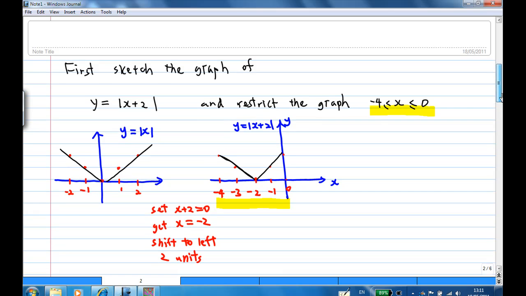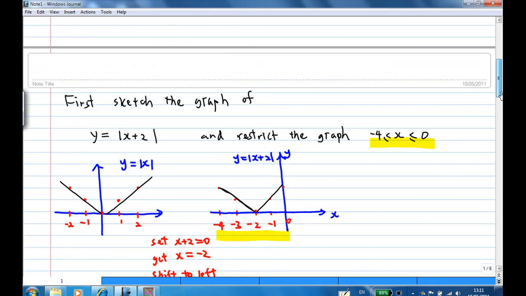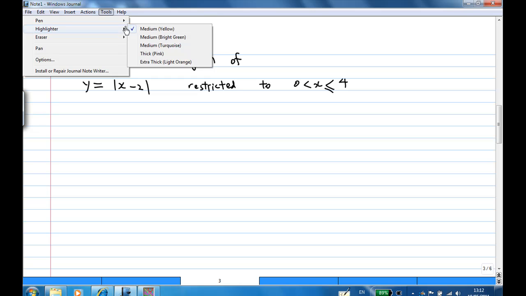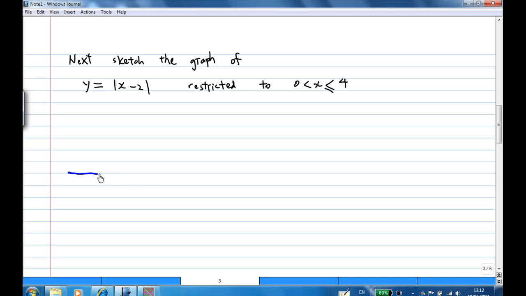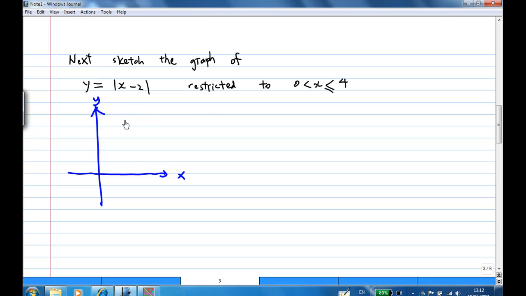How about the second piece? The second piece is y equal to absolute value of x minus 2 for x between 0 to 4. So let's look at the second piece. I draw the xy axis again. We know how the function y equal to absolute value of x looks.